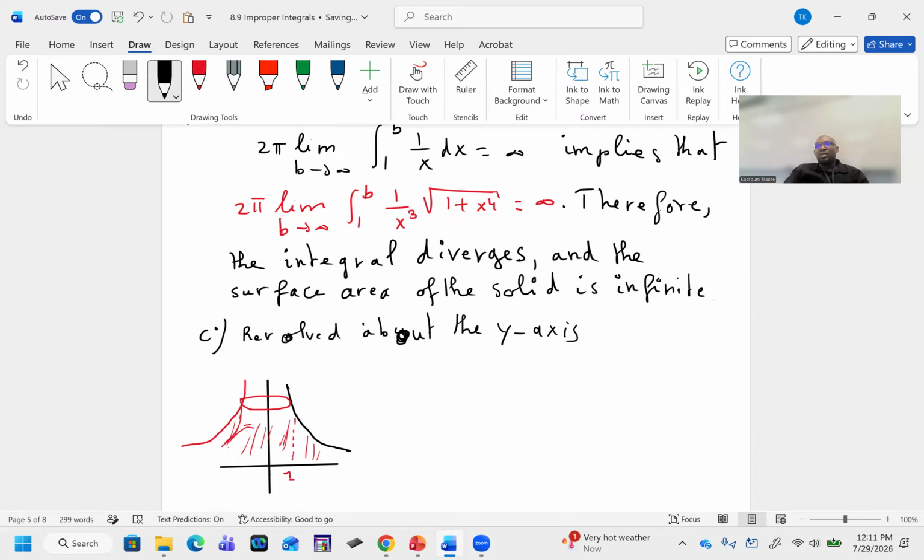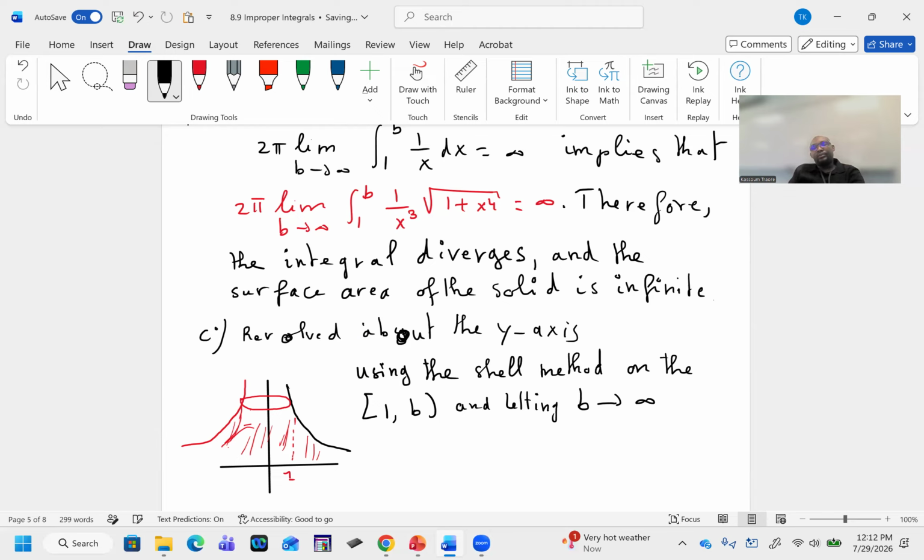But in this case, we will use the shell method. So using the shell method, on the interval 1 to b, and letting b go to infinity, the volume is given by the integral from 1 to infinity 2 pi x times f of x dx.